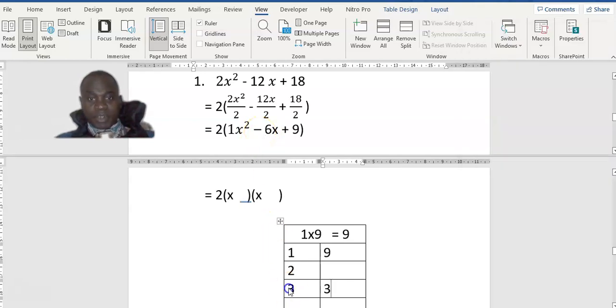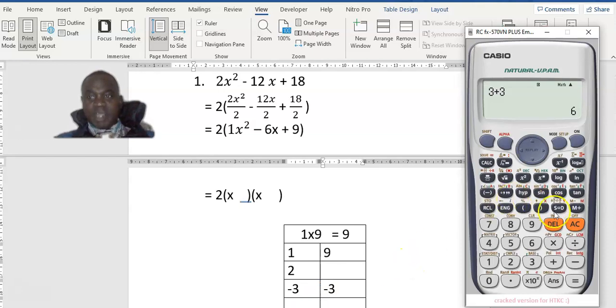So let's put minus here. Minus 3 and minus 3. Remember, we said when this side is plus, it's either going to be plus plus or minus minus. We tried plus plus, it didn't work, so we are using minus minus. So minus 3 minus 3. What does it give us? Minus 6.